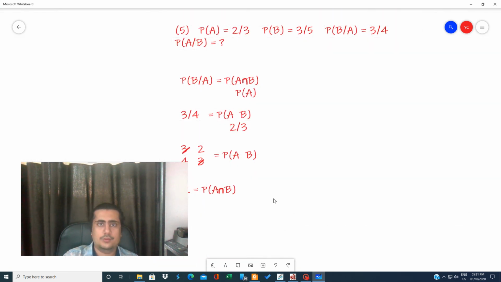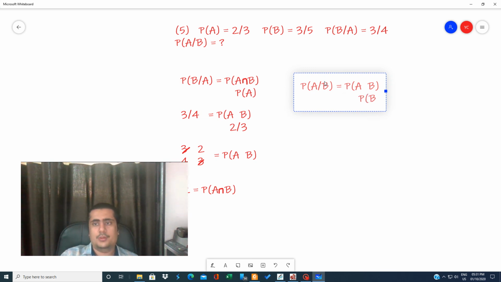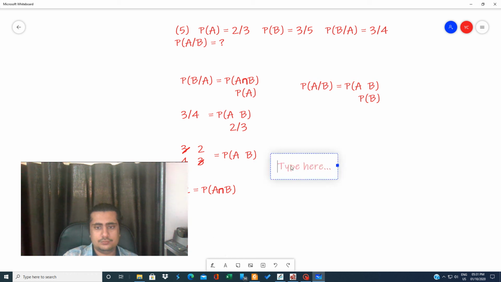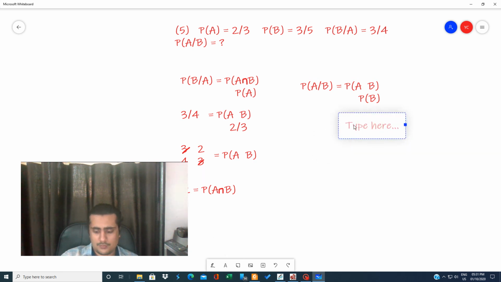Now I want to find P of A upon B. So now your sum is quite easy. P of A upon B is equal to P of A intersection B upon P of B. Now this A intersection B is 1 by 2.